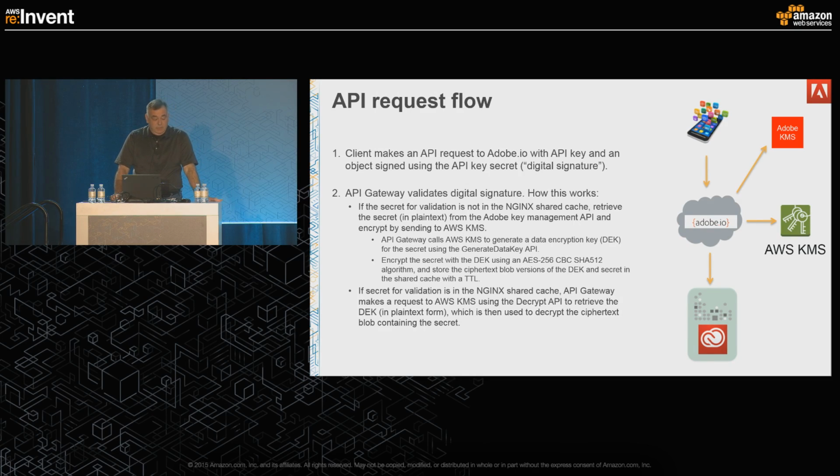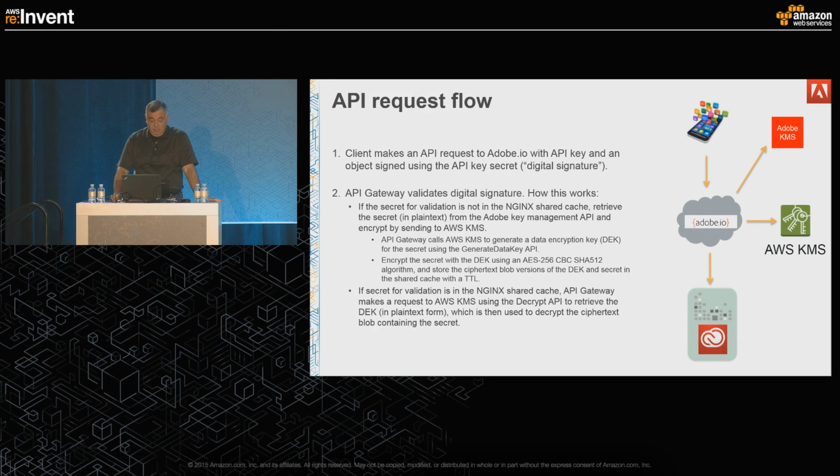First, we check whether we already have the secret we need in the Nginx local cache. If we did not, we check the shared cache, and if we didn't have it there, we go retrieve the secret from our own KMS, not to be confused with the Amazon KMS service.